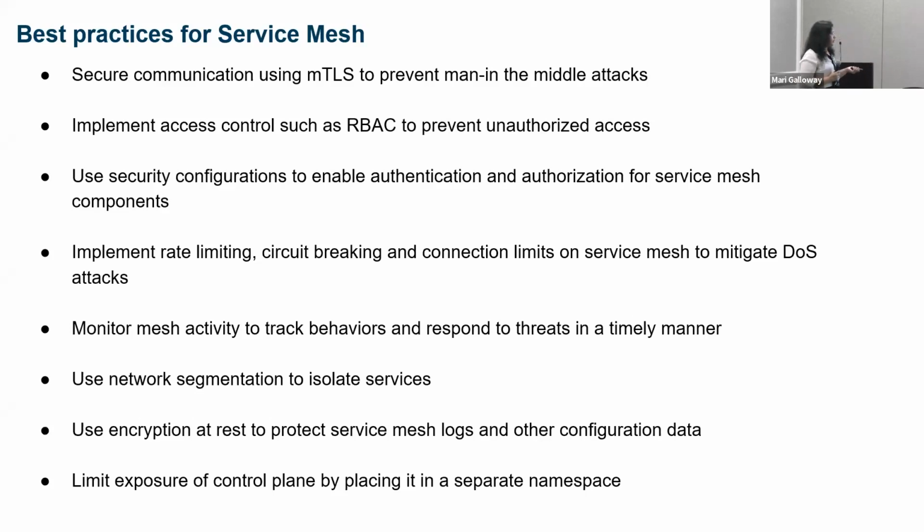So we need to use encryption at rest to protect the service mesh logs and configuration data. And finally, the crown jewel, the control plane. We need to limit exposure of our crown jewel, the control plane, by placing it in a separate namespace.